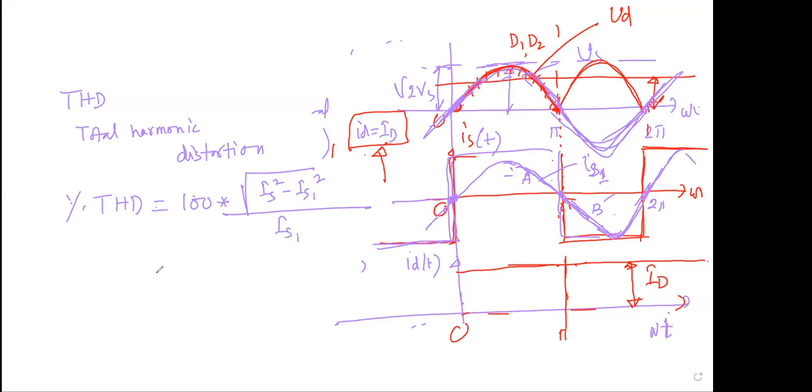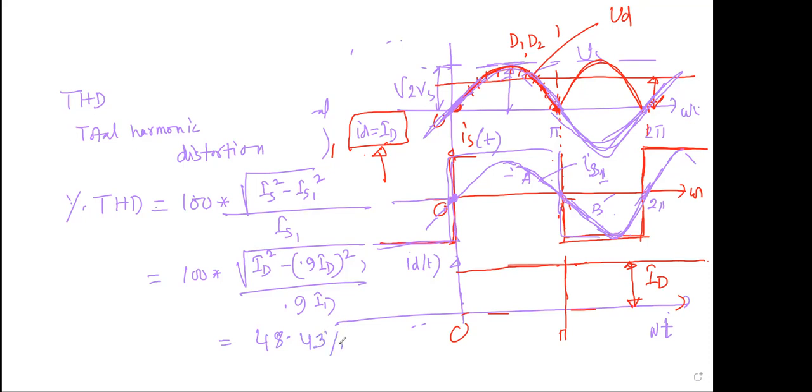So do you know IS in terms of ID? IS is equal to ID. So do you know IS1 in terms of ID? 0.9 ID. And if you do that, you will get 48.43%.